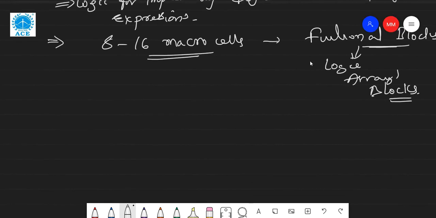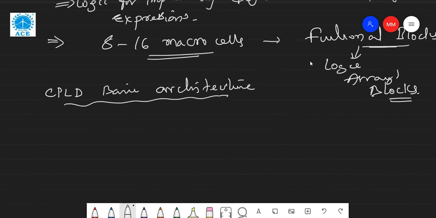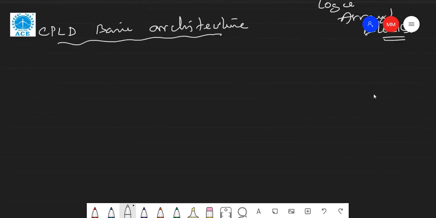Okay, we'll see the basic architecture of the CPLD.